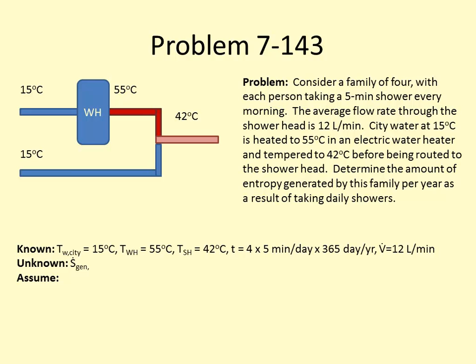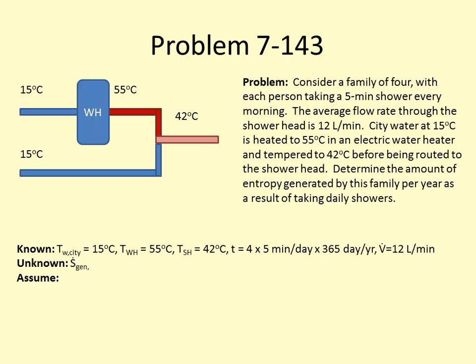So we say Q dot in minus Q dot out plus work dot in minus work dot out equal to the sum over the outlets of m dot H minus the sum over the inlets of m dot H. We assume that it's adiabatic, there's no work involved, so the mass flow rate times the enthalpy out is equal to mass flow rate times the enthalpy in.